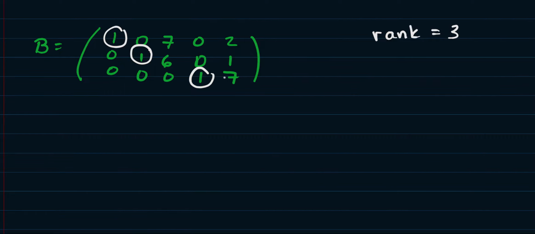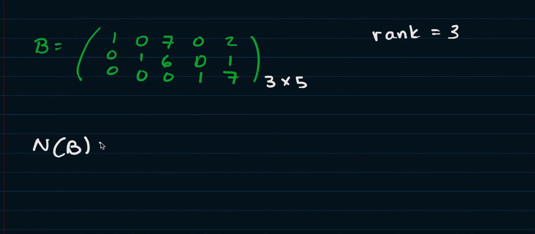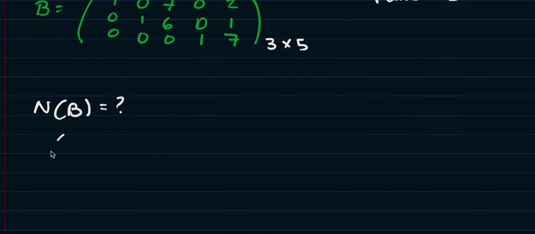Also, this matrix is a 3 by 5 matrix. I can't count today. 1, 2, 3, 4, 5. Okay? Let's find the null space of this matrix. Well, I'm going to put this in an augmented matrix.